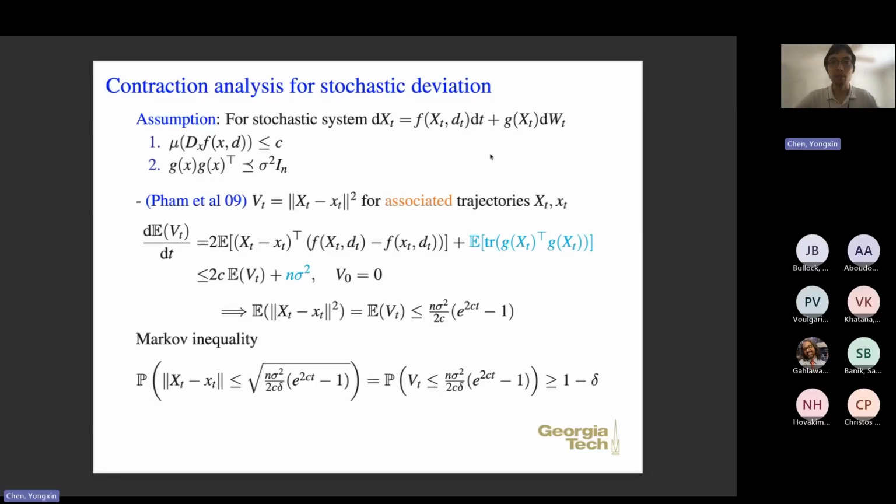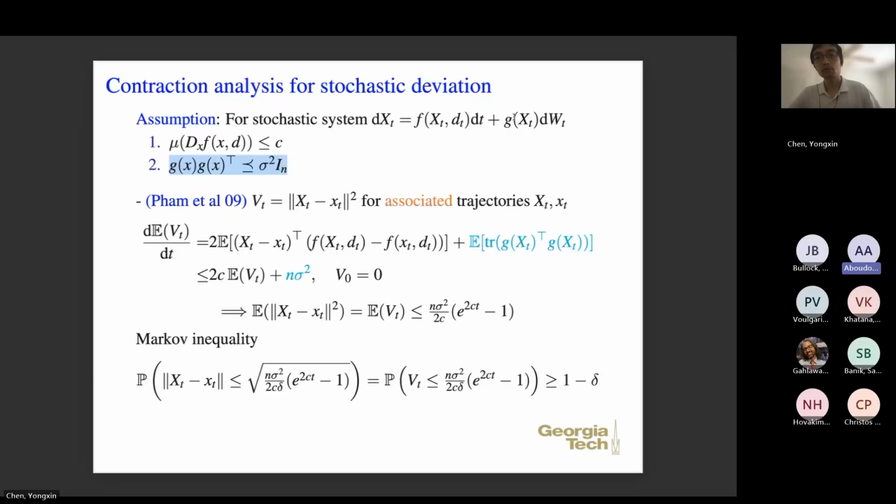So the dependence doesn't matter. But if you want to zoom into this structure to get a better result, because this can be a loose bound, then that's something you need to worry more about. We don't have that result yet. Right now this assumption doesn't depend on the form of g.